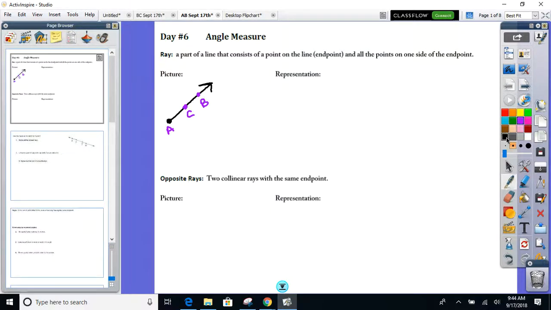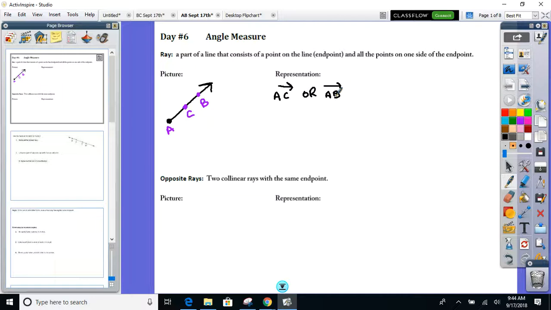When you do the symbols for a ray, the symbol for a ray is a smaller ray. The endpoint of the ray's got to go first. Has to. So what's the endpoint of my ray? A. So A has to come first. After that, it's up to you. So I could call this ray AC, or I could call this ray AB, 3 letters instead of 2.